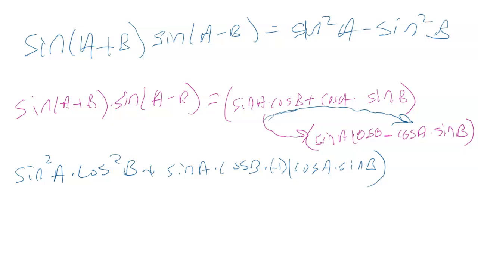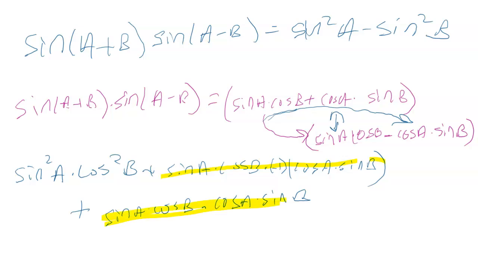Let's see, that's outside times outside, inside times inside. See, look at this. These guys are going to cancel out. This will be plus, and this is the minus of the same thing. So you'll get sine A times cosine B times cosine A times sine B. See, these two middle terms are exactly the same.